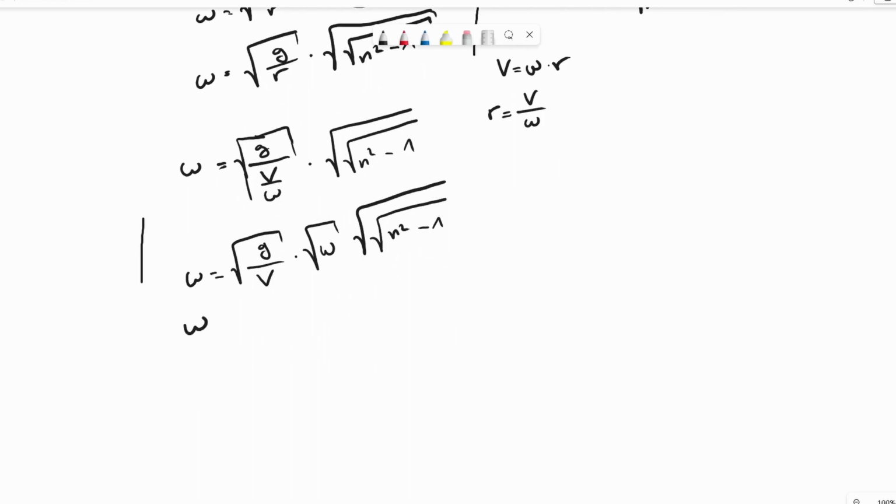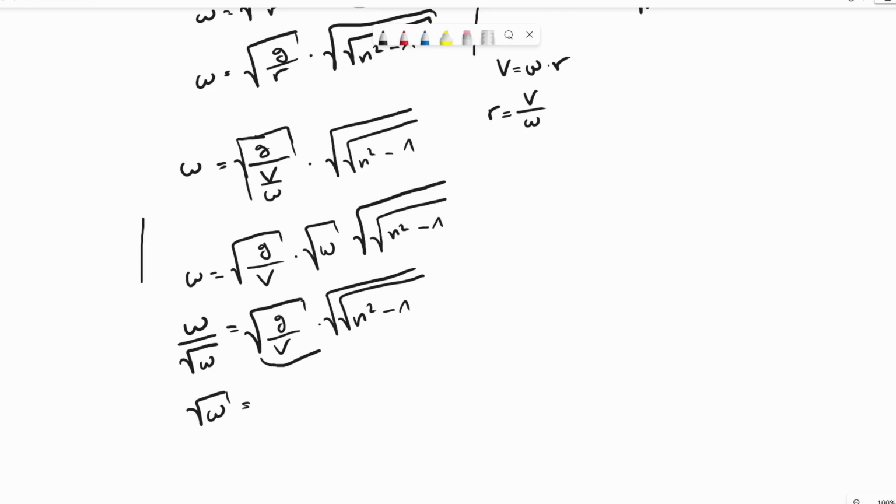So we have omega over square root of omega equals g over v times square root n squared minus 1. Now this is square root of omega, so square root of omega equals, let me call this a, write it a bit simpler. So omega is hence a squared, is hence g over v times square root of n squared minus 1.